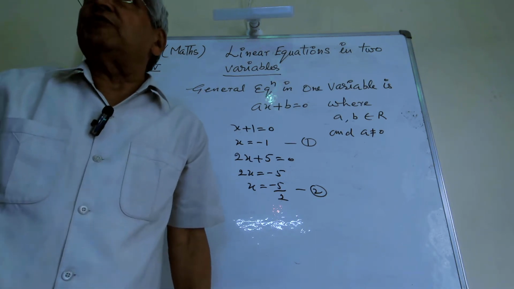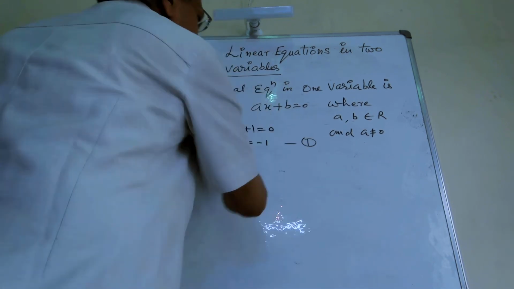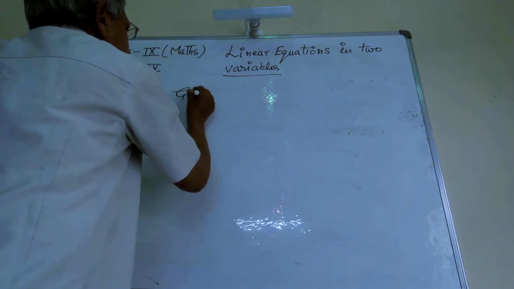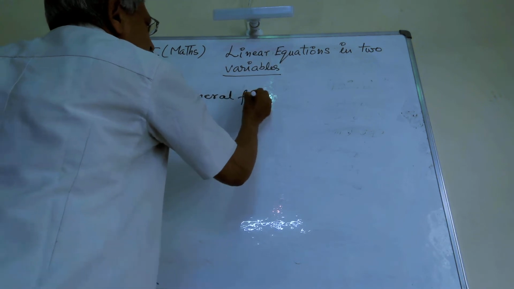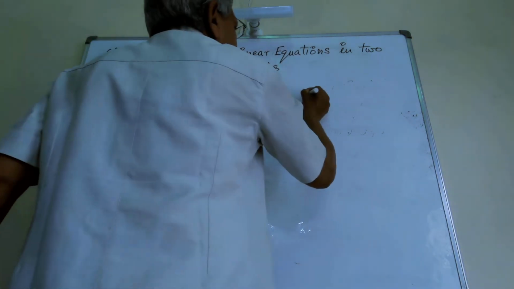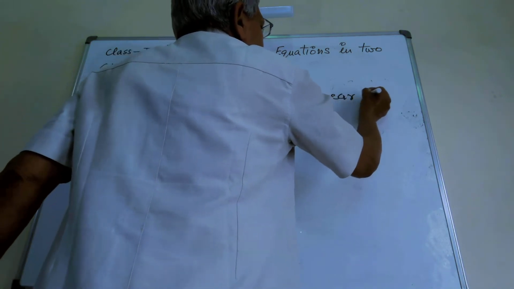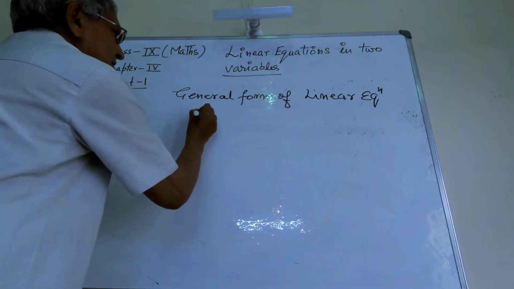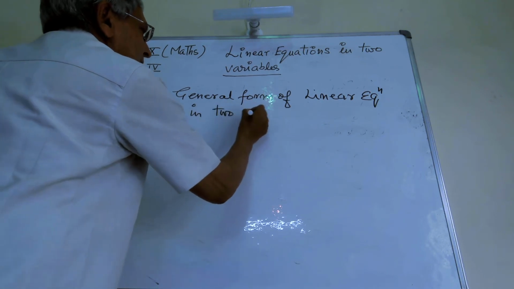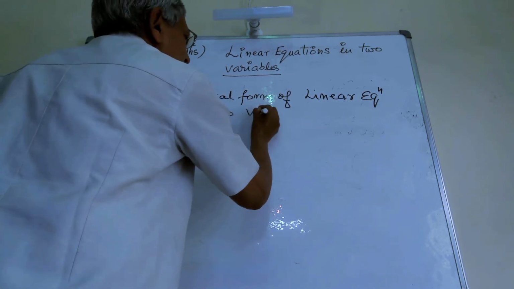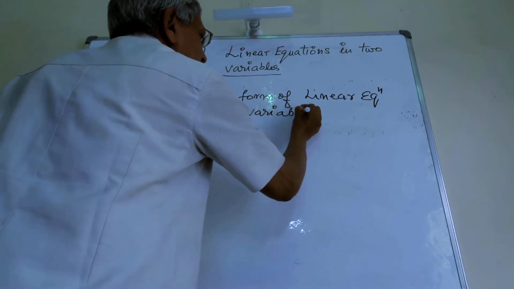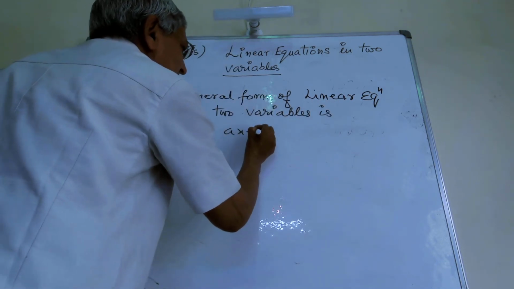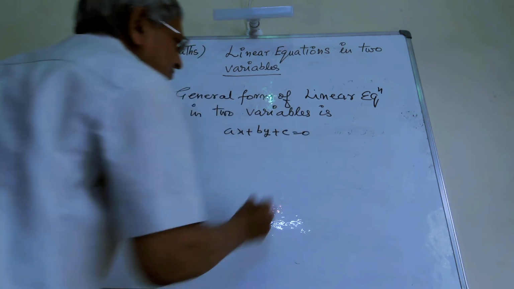The general form of linear equation in two variables is ax plus by plus c is equal to 0. This is the general form.